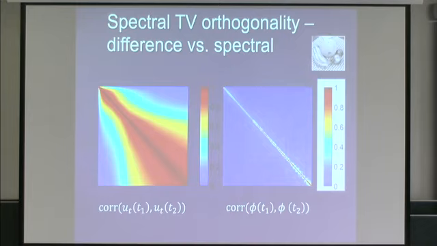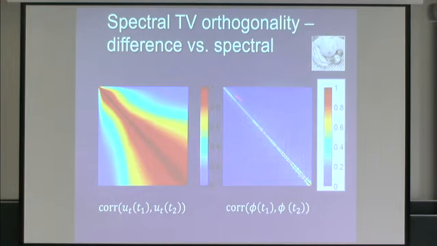But what if we check the correlation of ut, of the difference at different times? So this is T1 and T2. We check the correlation. If it's orthogonal, it would be just on the diagonal. As we see, this is 1 red and blue is 0. So we have very, very high correlation. What happens in spectral TV?